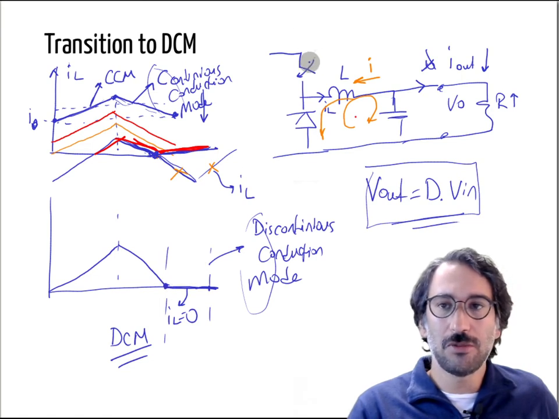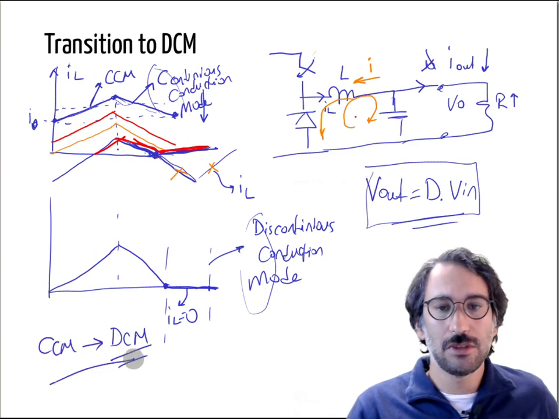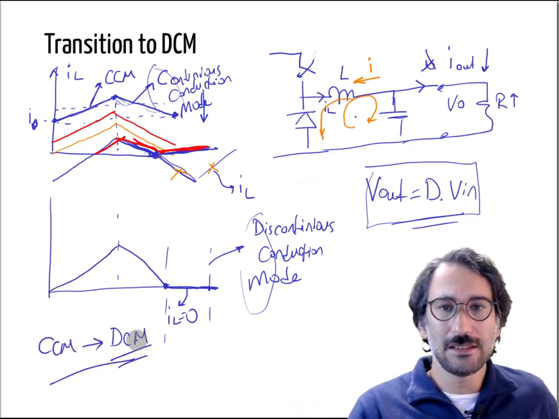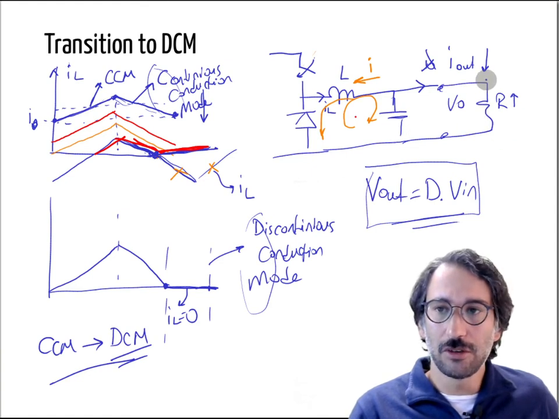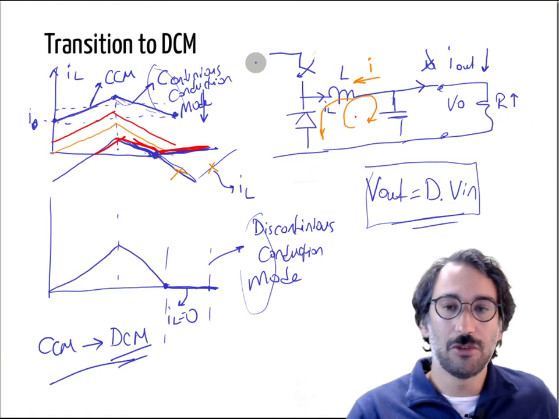So let's try to find the instant where we move from CCM to DCM. You can start with that kind of current, and that current gets smaller and smaller, either by changing your resistance or maybe your input voltage is changing.